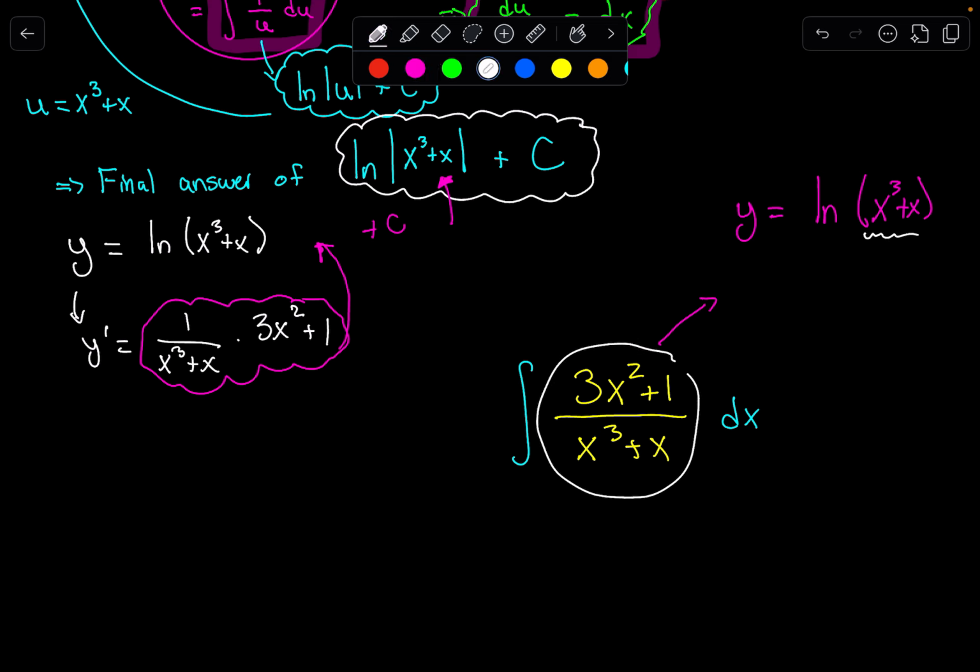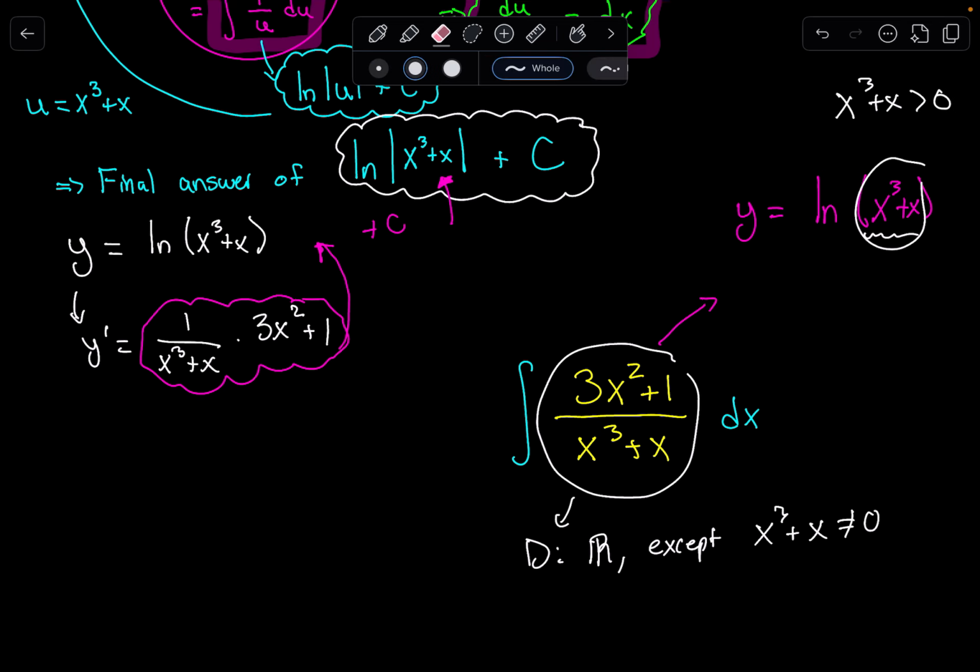If we're just looking at this, the domain is all real numbers, except that x cubed plus x cannot equal 0. But the domain of this is not all real numbers. The domain of this is that x cubed plus x has to be greater than 0. And so when we do this antiderivative, because we didn't know that information, we have to put these absolute value bars here to save our bacon.